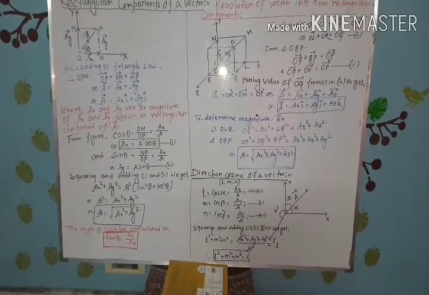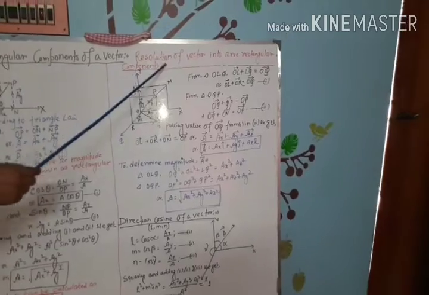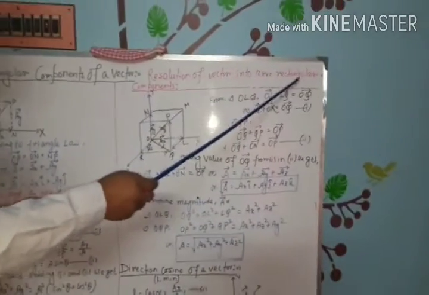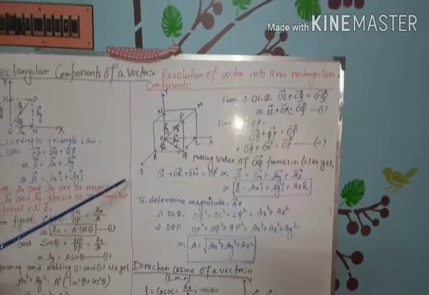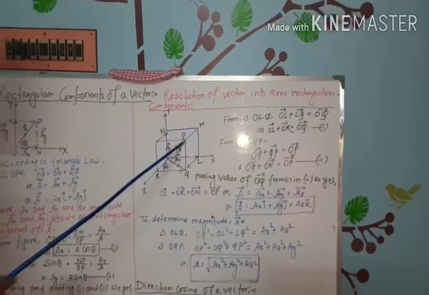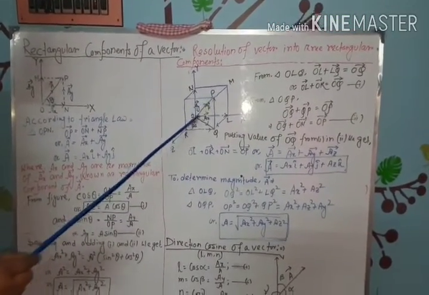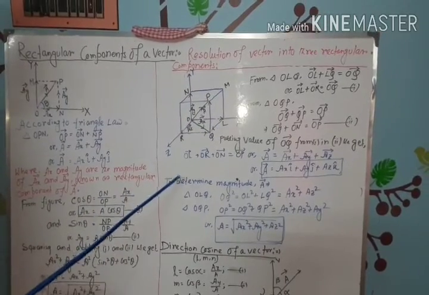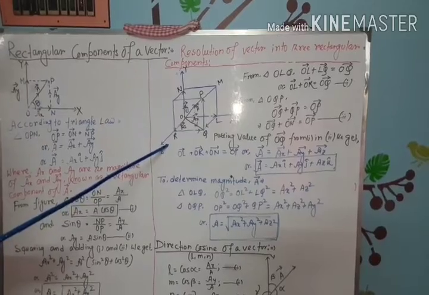Clear? Next, we move into the concept of resolution of a vector into three rectangular components. Three rectangular components means we consider here a vector which is represented by OP in a three-dimensional coordinate system, that is OX, OY and OZ. Clear?